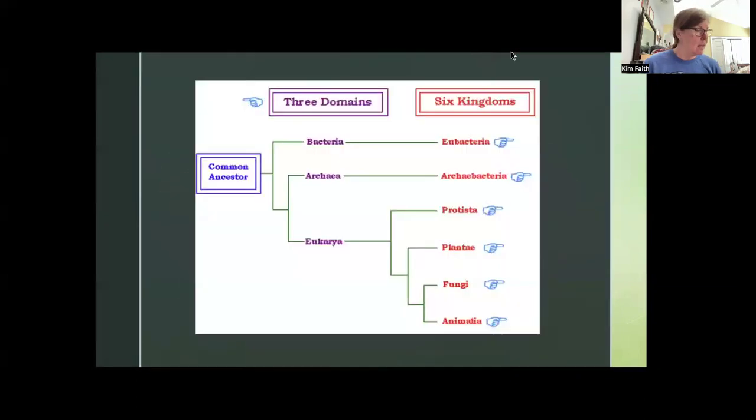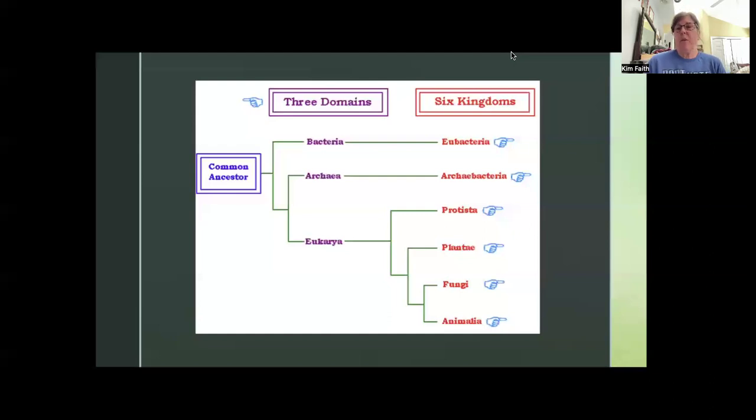Okay. And then we can compare the 2 side by side. So we can see where the bacteria in the domain system is Eubacteria in the kingdom system. Archaea is Archaebacteria, and then Eukarya can be unpacked into 4 different groups: Protista, Plantae, Fungi, and Animalia.